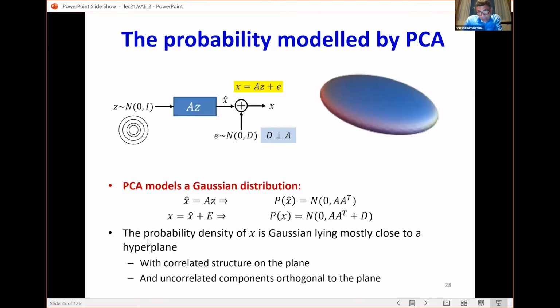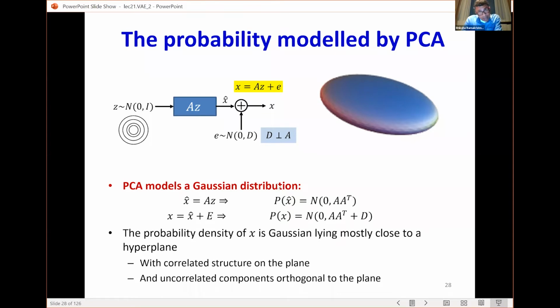Now, when I try to estimate the model, what are the parameters of the model? The parameters of the model are this matrix A and this covariance D. When I perform PCA, it turns out all I'm really doing is performing a maximum likelihood estimate of A and of D, which are the parameters of this model.